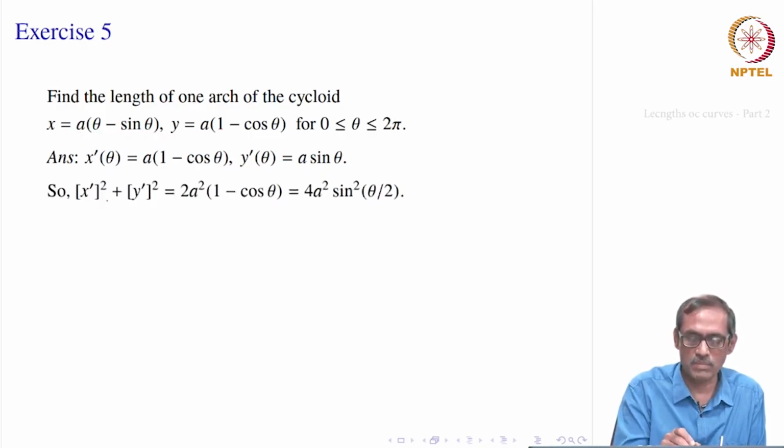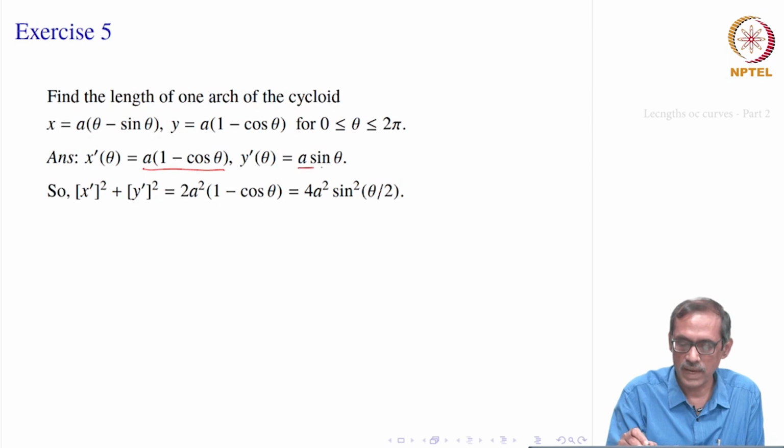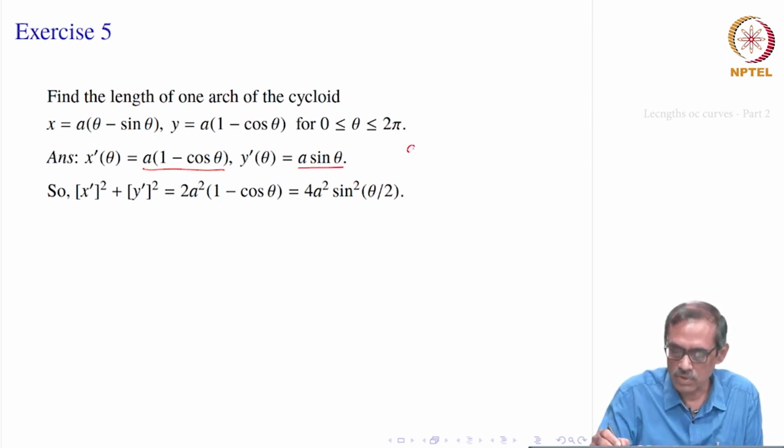So, you need x prime square plus y prime square. So, it is a into 1 minus cos theta squared and a into sin theta squared, and they are added together. So, that gives a square into 1 minus cos theta square plus a square sin square theta.